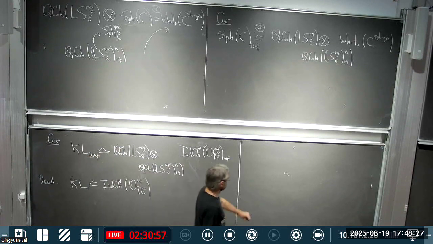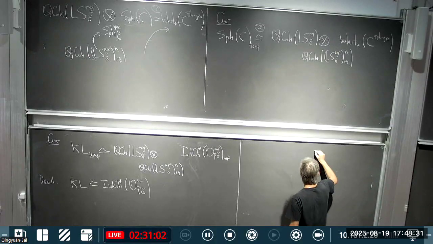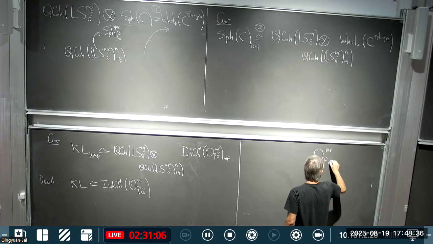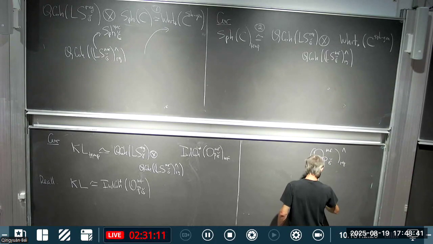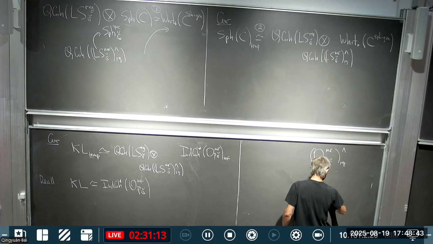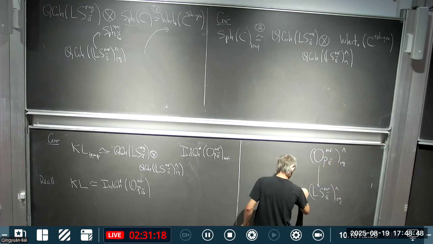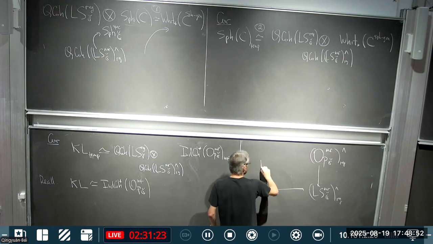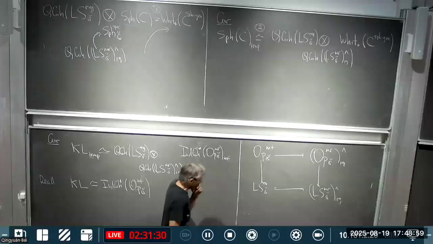So let's look at the following Cartesian diagram. I have meromorphic opers formally completed at the regular locus, mapping to local systems, meromorphic formally completed at the regular locus. Inside, I have the regular locus itself. And inside, by definition, I have the monodromy-free opers.